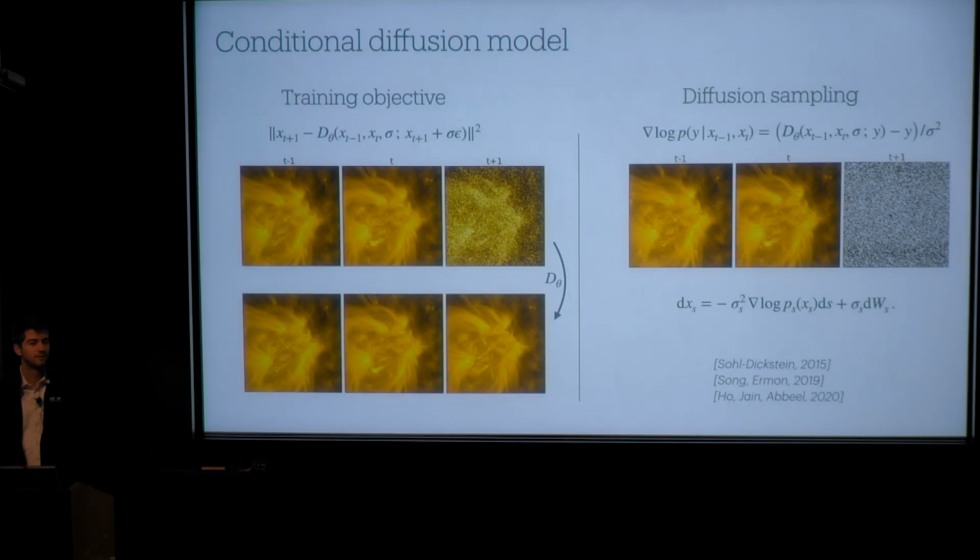Is that term the difference between what you would have predicted for t plus 1 from t versus what it actually is? Are you talking about this term? On the left. So here, this D_theta is predicting an image.